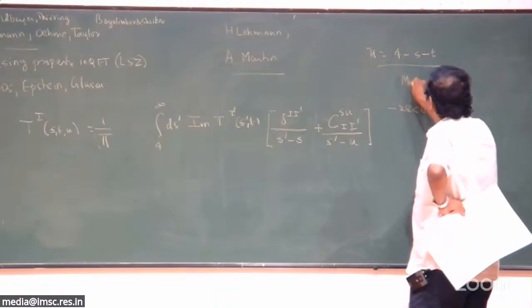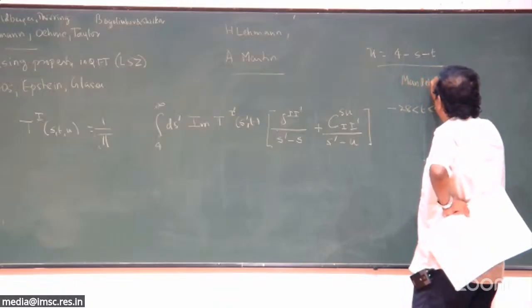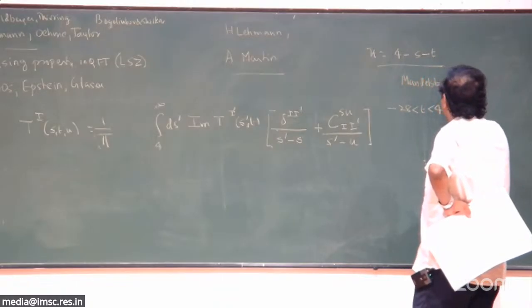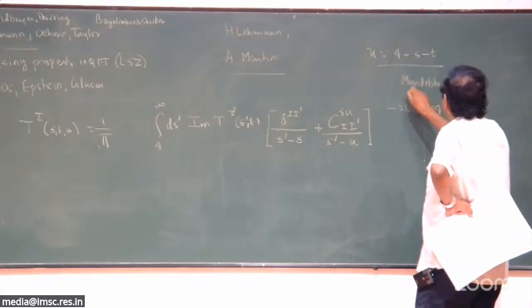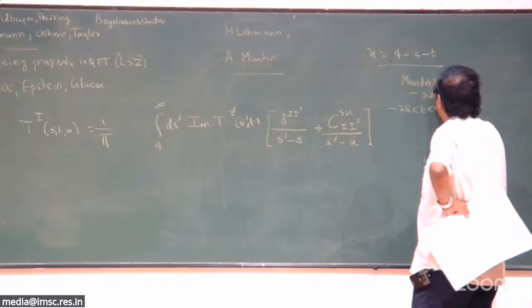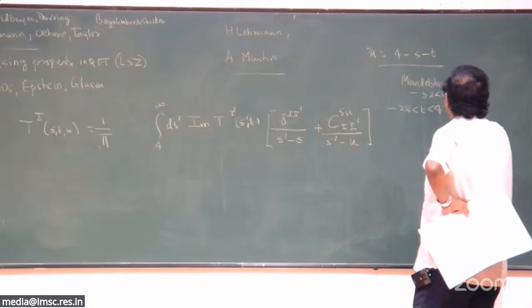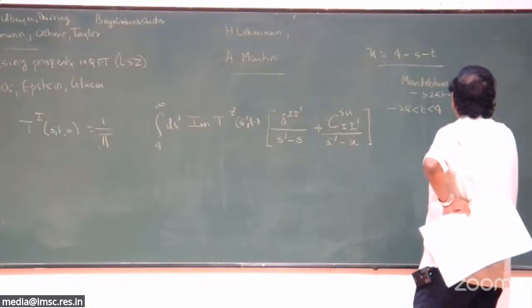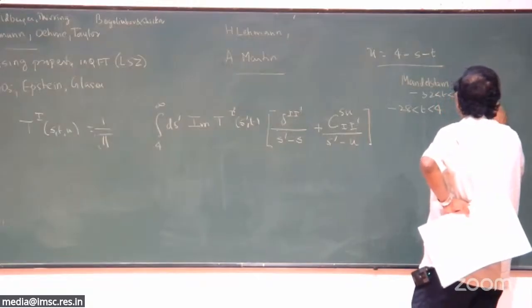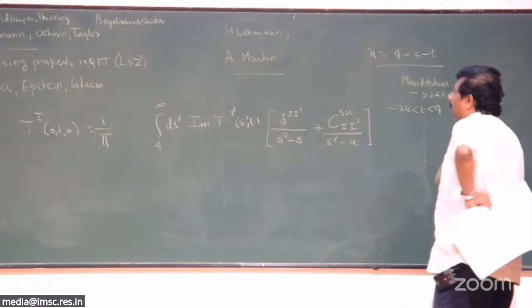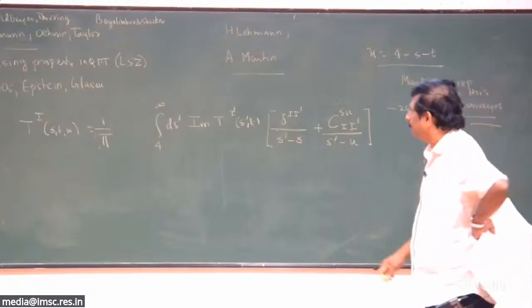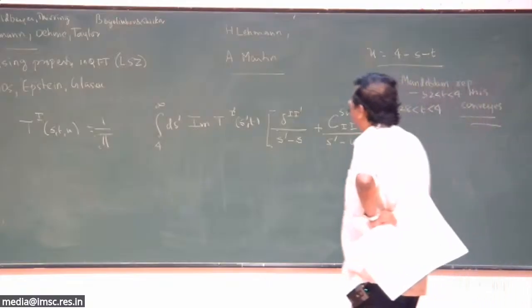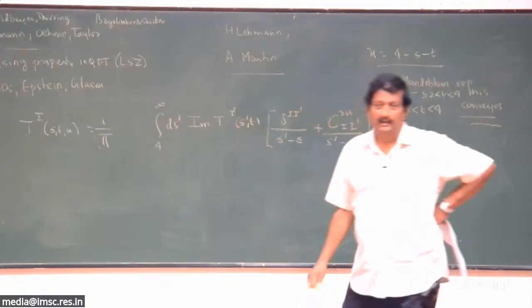There's something known as the Mandelstam representation, which says that minus 32 less than T less than 4, this converges. However, this integral itself may not converge, right?